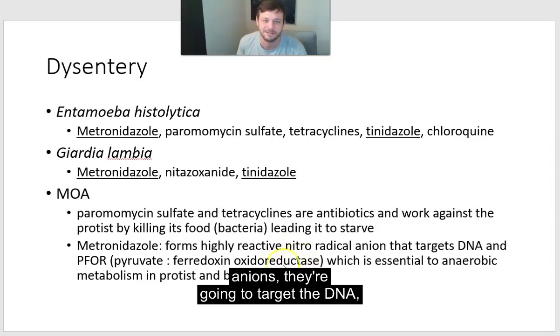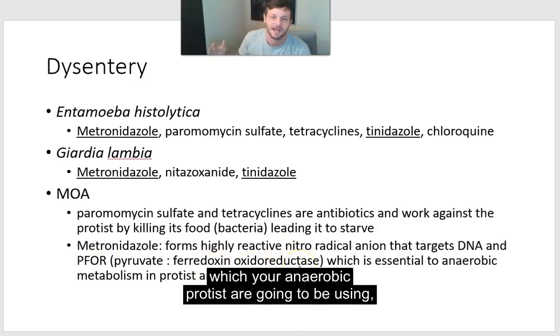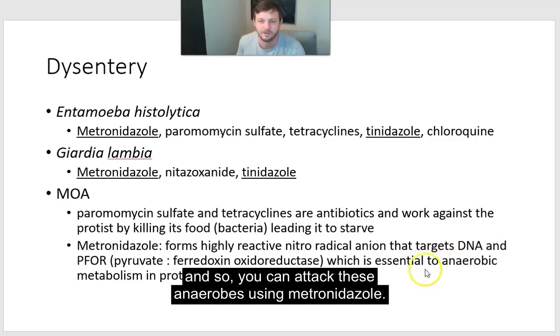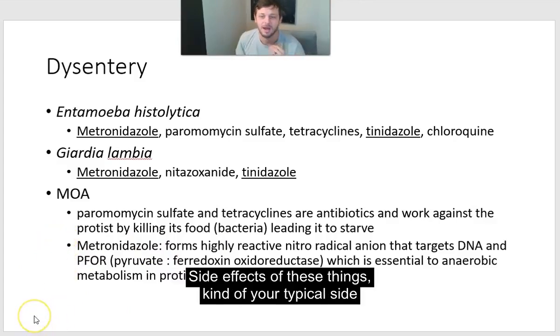They're going to target the DNA, specifically pyruvate:ferredoxin oxidoreductase, which your anaerobic protists are going to be using. And so you can attack these anaerobes using metronidazole. Metronidazole is really good at attacking these anaerobes.